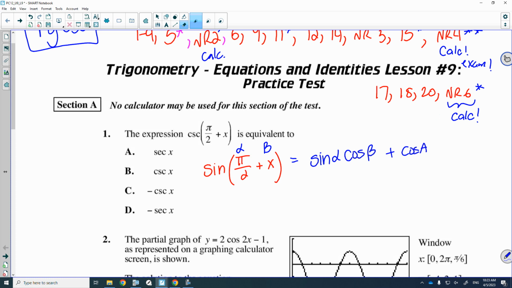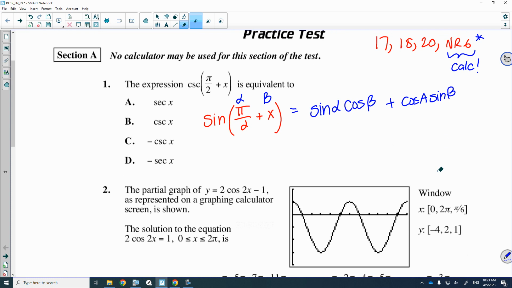So that would be the sine of alpha. Alpha is pi over 2. Cosine of b, which is x, plus cosine of pi over 2 sine of x.